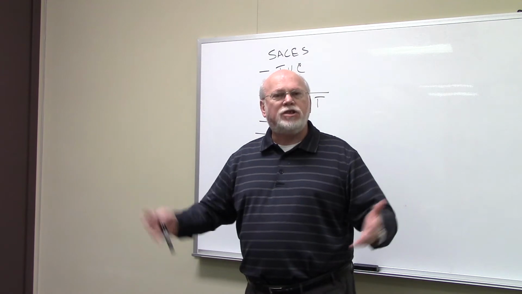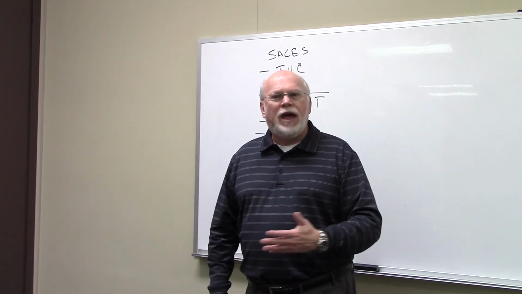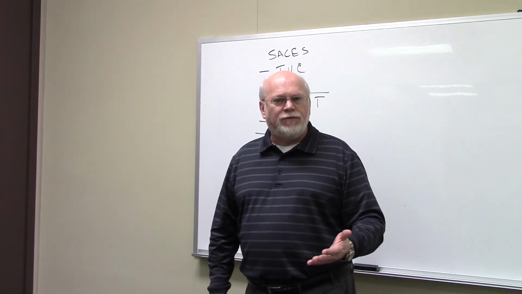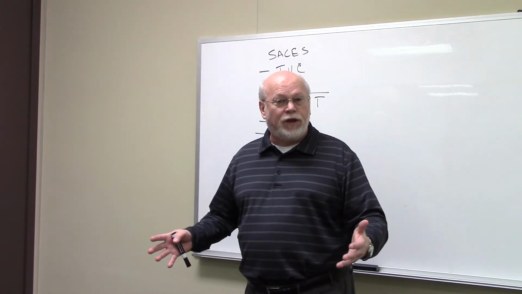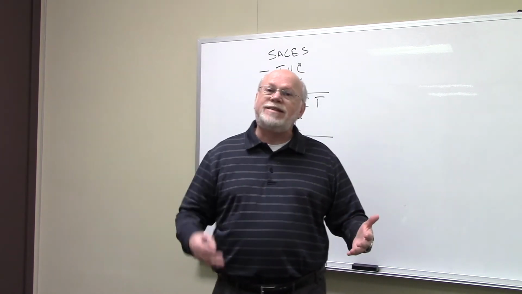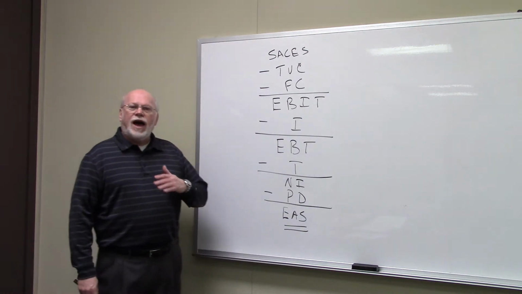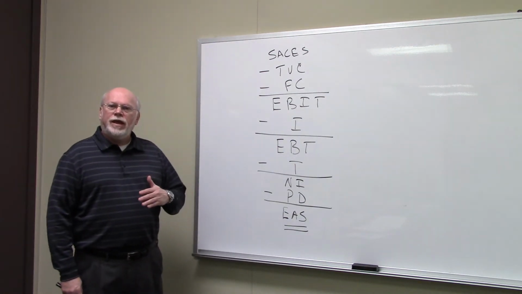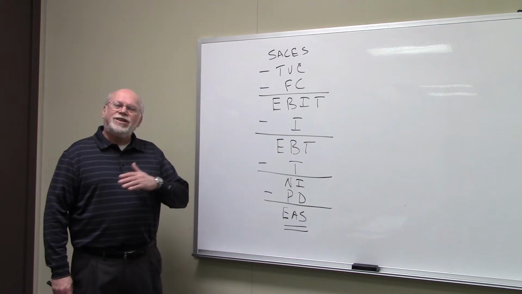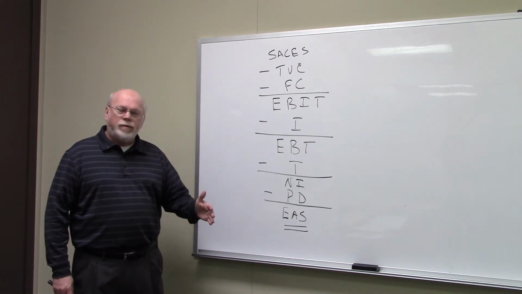And again, this is going to be an important distinction. It's very easy to figure out what the length of the flow is, and again, just glance at the top of an income statement.